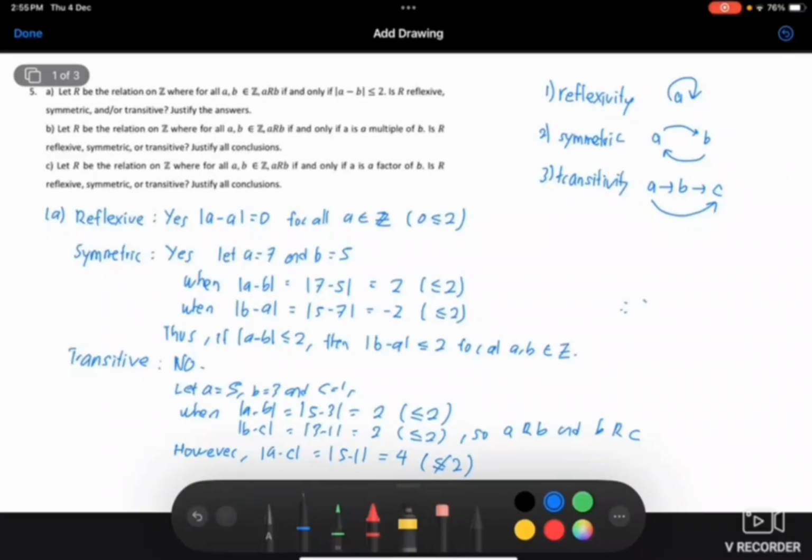So we can conclude that the relation R is reflexive and symmetric, but it is not transitive.